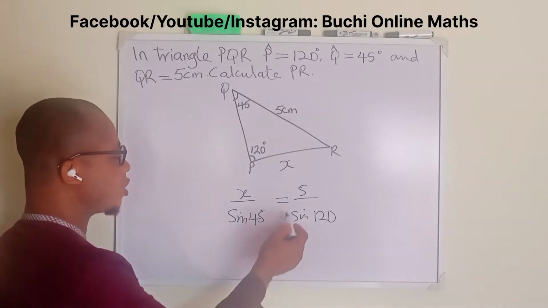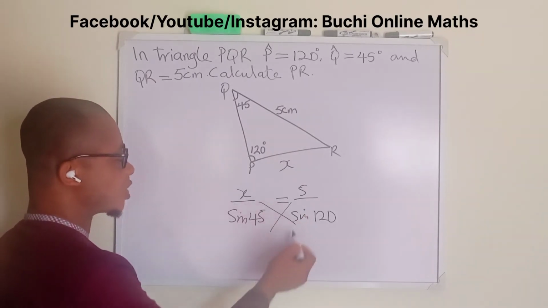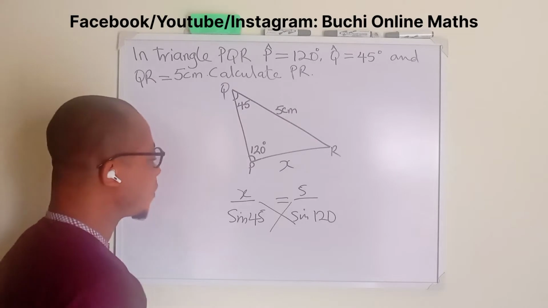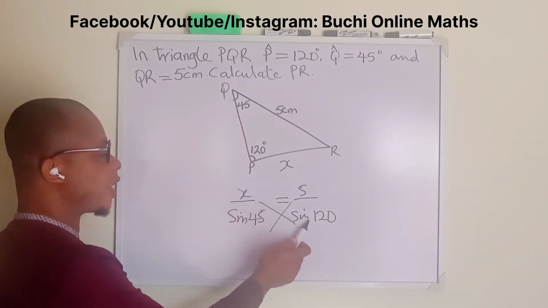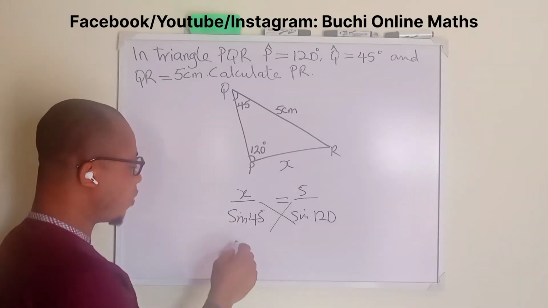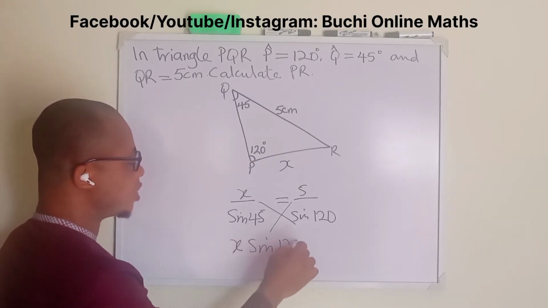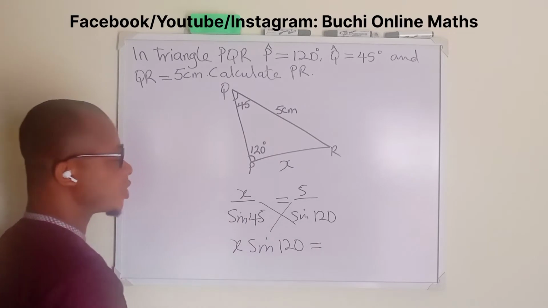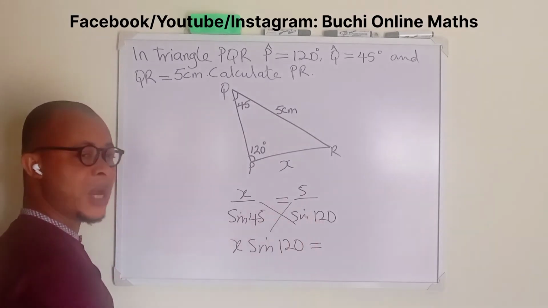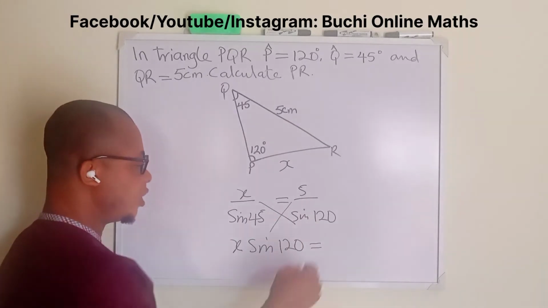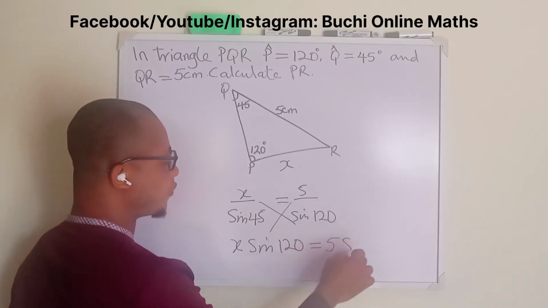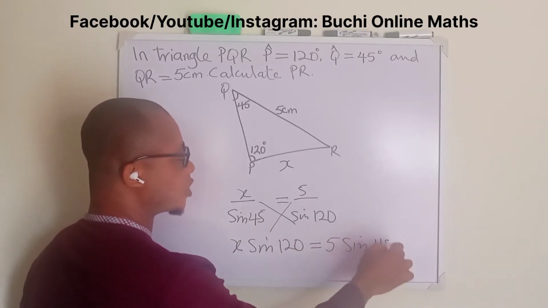We use X to multiply sine 120 degrees, which gives us X sine 120, equals, we use 5 to multiply sine 45, which gives us 5 sine 45.